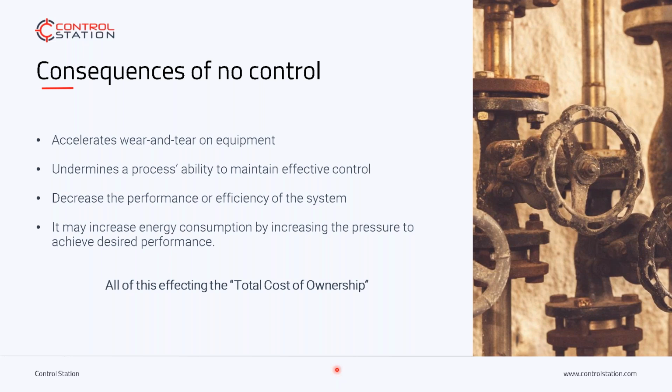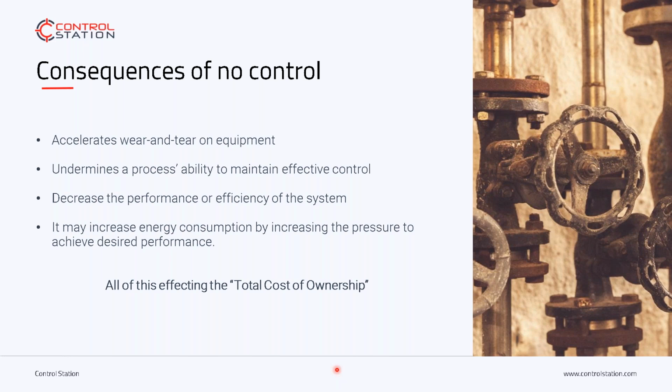So if your valve is not working correctly, you're kind of stuck, because you can have all the bells and whistles you want in your control system or control algorithm, all kinds of fancy advanced process control.